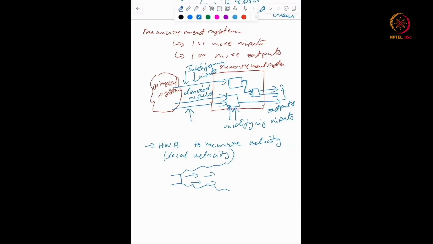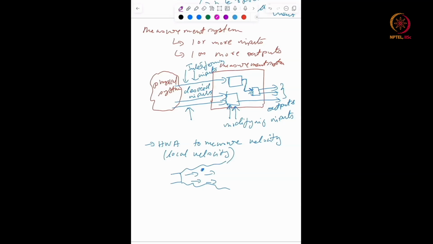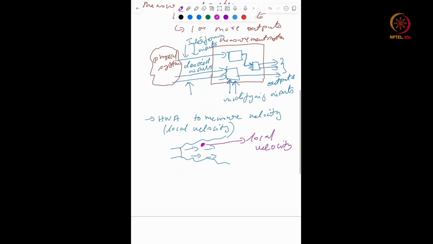This is the velocity of the jet, and you want to measure it at a particular point. A hot wire anemometer is like a wire which you are parking over there. So the desired input is basically the flow velocity.